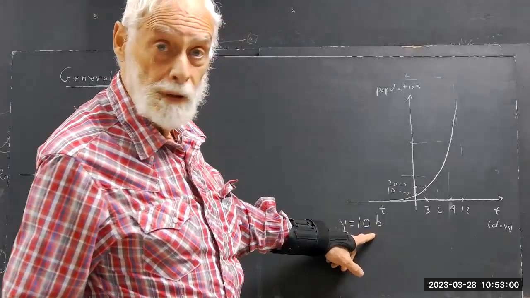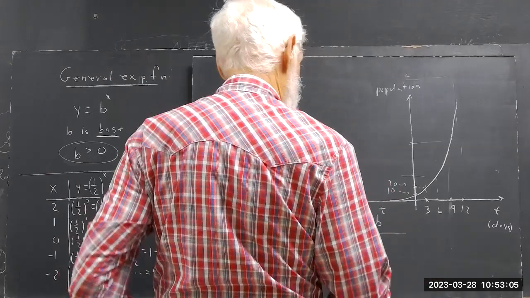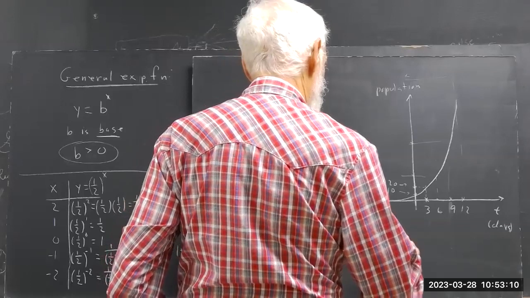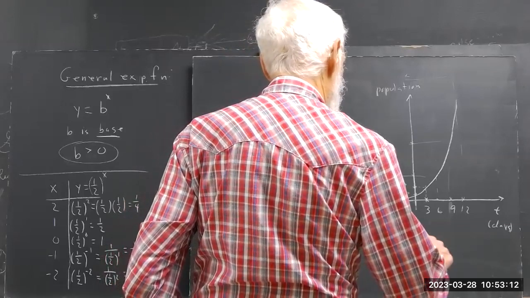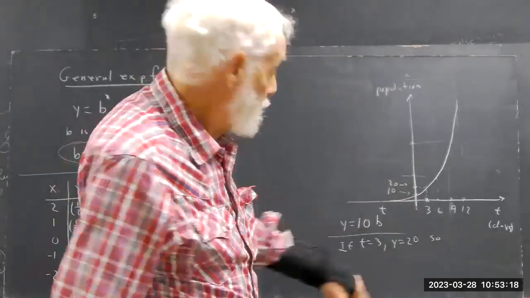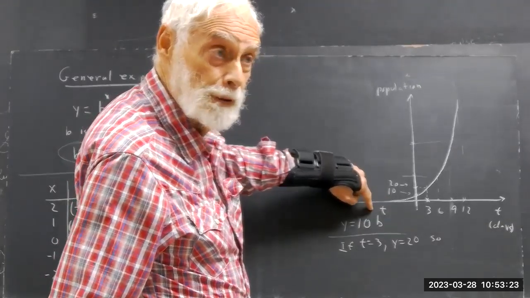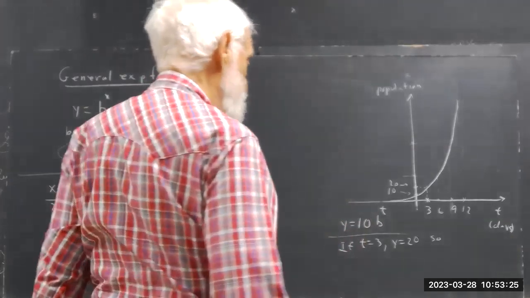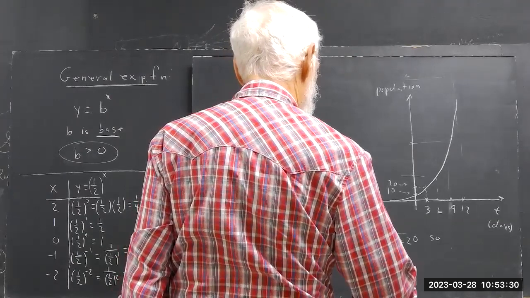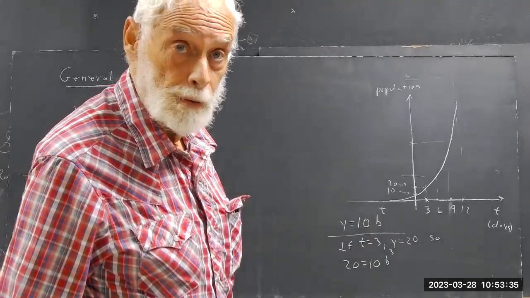We can figure out what b is. If t equals 3, y equals 20. So I can put 3 in here and 20 in here and figure out what b is. 20 equals 10 times b to the third.